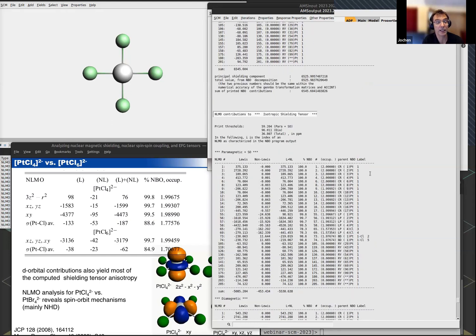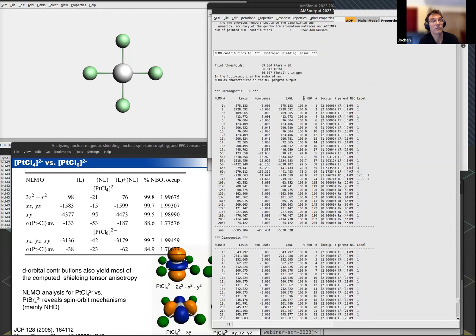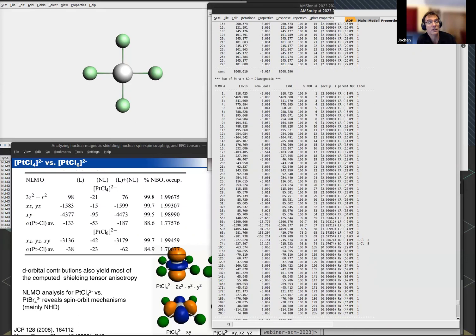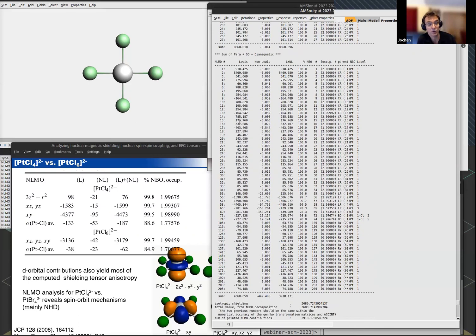Okay, and then somewhere in the output of this, you can find a section, NLMO contributions to the isotropic shielding tensor. There is by default a print threshold so that small contributions will not be printed, so you don't get these endless listings in the output. But if you don't want that, you can set the print threshold to 0. And then paramagnetic and spin orbit, diamagnetic, and then here's the total calculated shielding contributions.